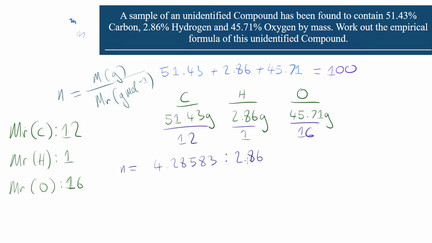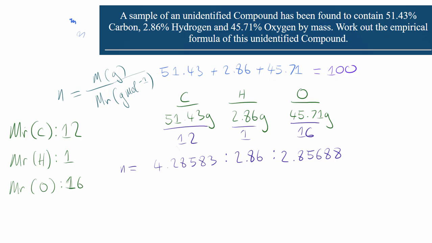One's not going to change what the answer is. And in this case, 45.71 divided by 16, right? And that gives us 2.85688.